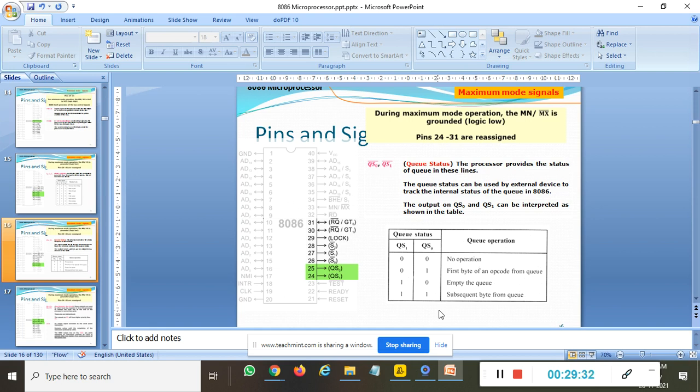Okay, so the Q status pins are pin number 24 and pin number 25.